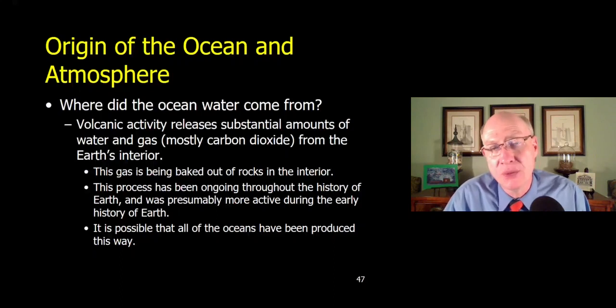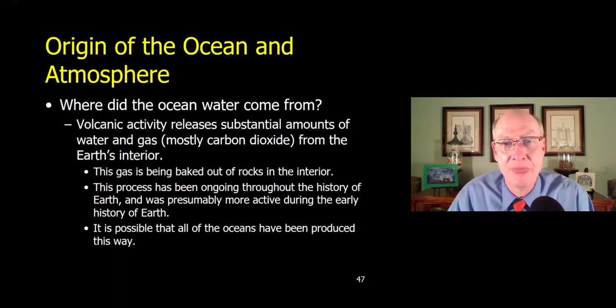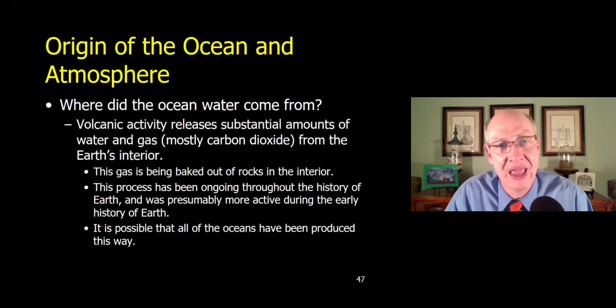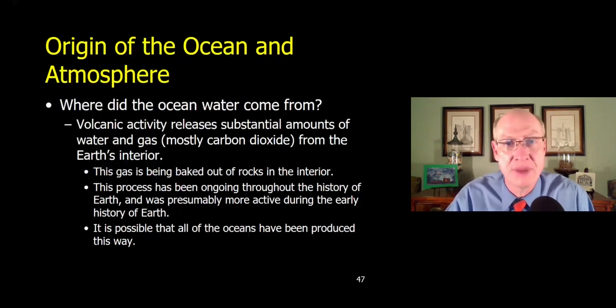And presumably when the Earth was much hotter early on, there was much more volcanism, which would have released more water vapor into the atmosphere than what we see today. And it is definitely possible that all the oceans on Earth today were released by volcanoes, by water vapor released from inside the Earth.